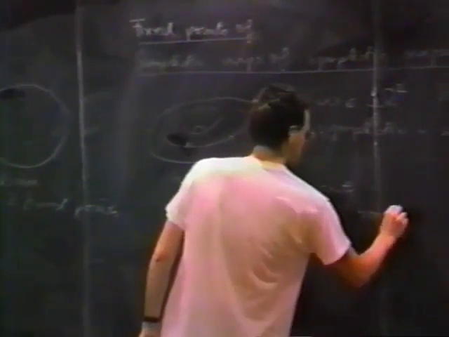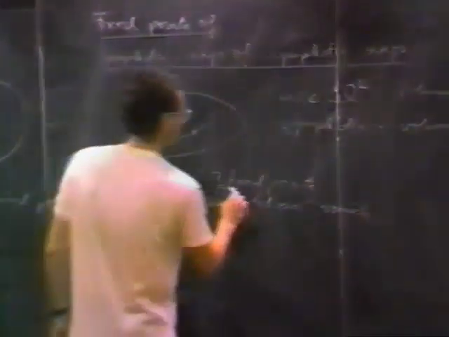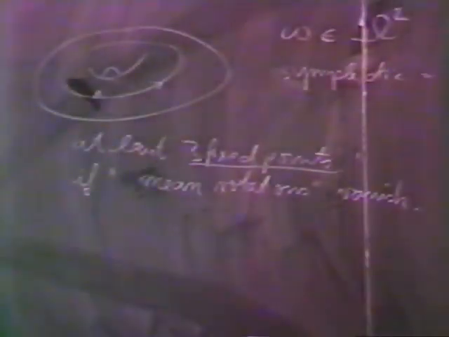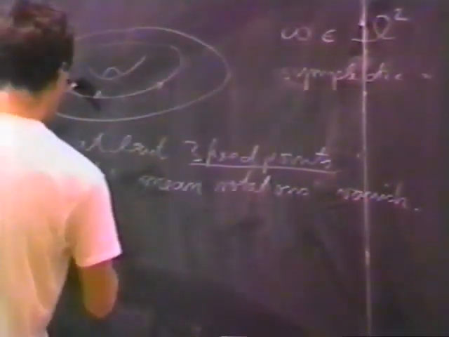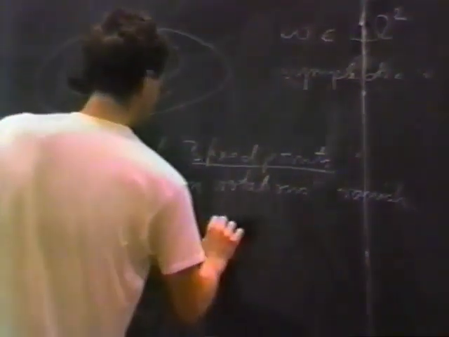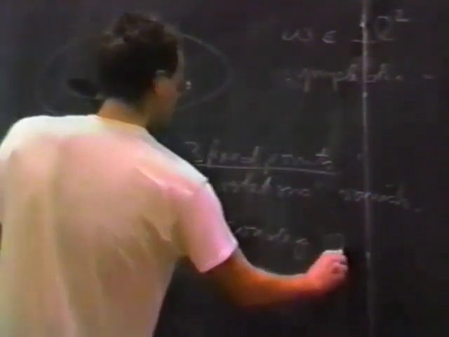Now 3 is also the minimal number of critical points of a function. And if all critical points are non-degenerate, then I even get 4 critical points.